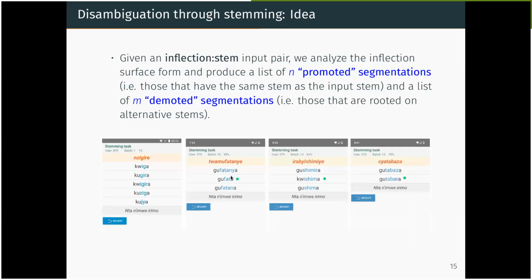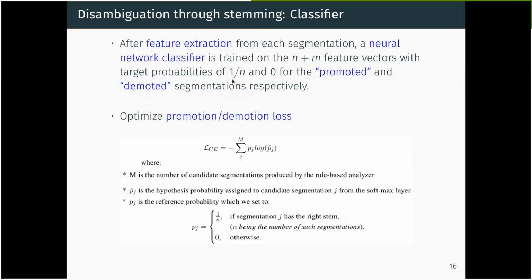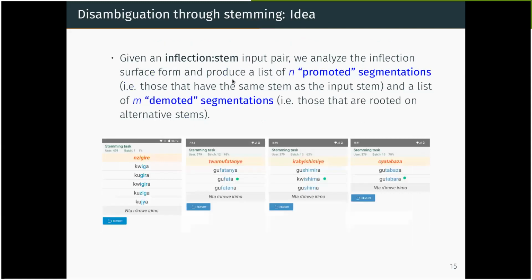When you get a data set like this, stem inflection pairs, and people have contributed data like this, you end up with things that have higher probability and things that have lower probability.